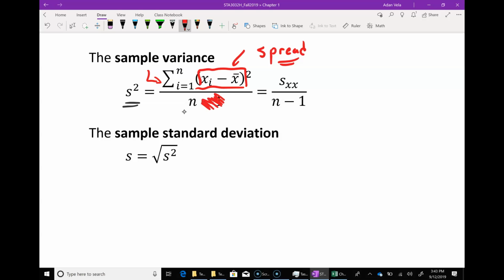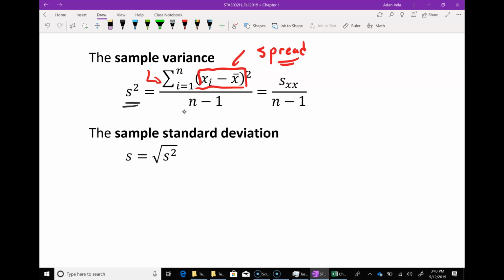If I added up all the deviations or the spreads, and then divided by n, that kind of looks like you're trying to find the average spread of our data. That certainly makes some sense, and that sort of explains why we have this n-1 term. It's not just adding up the deviations that we observe in our data. It's adding up those deviations and kind of averaging it out.